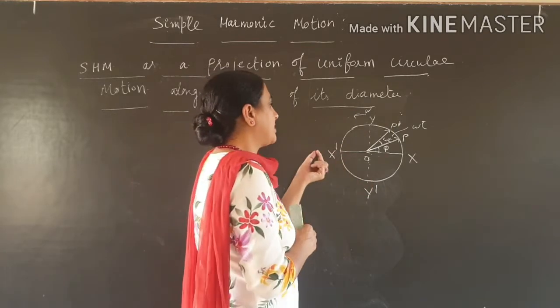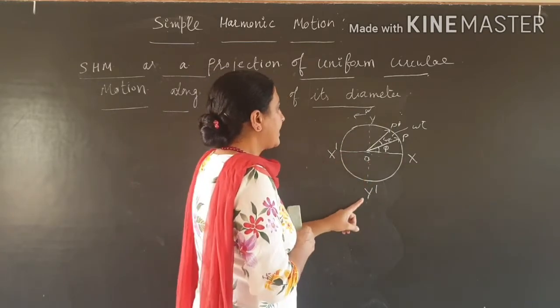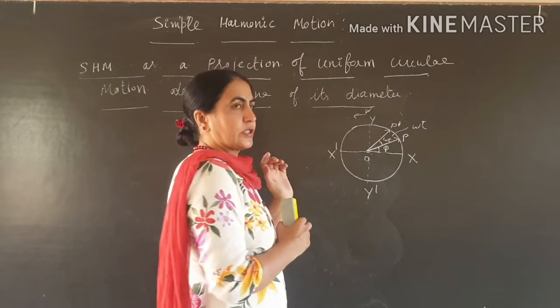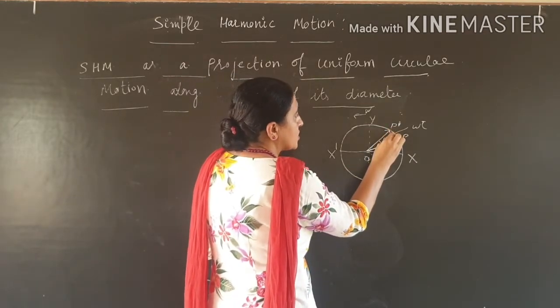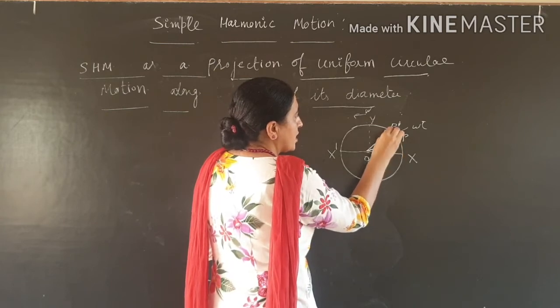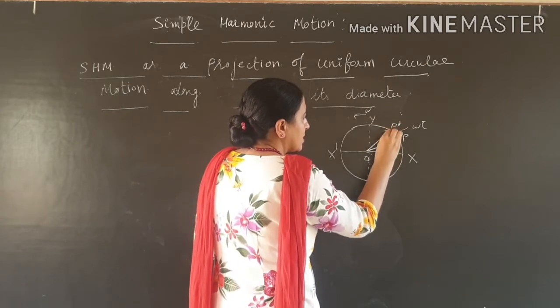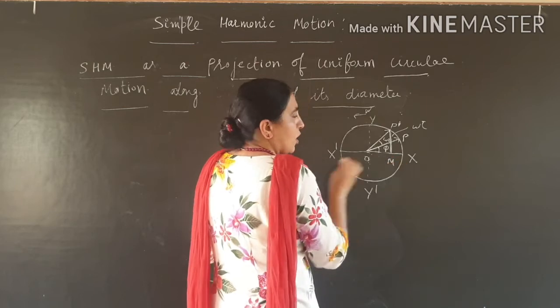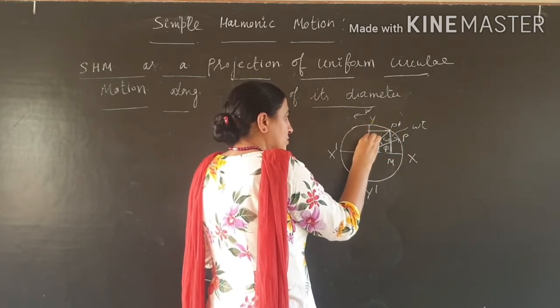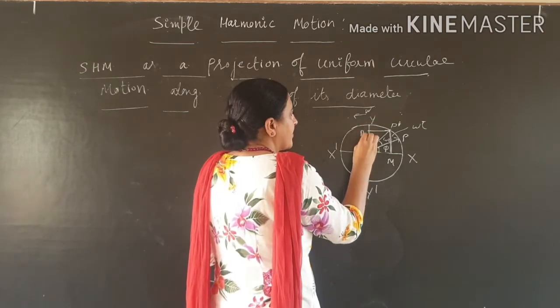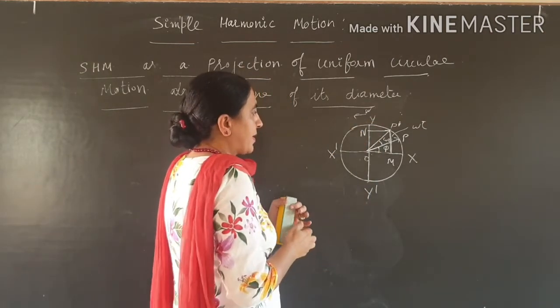Clear? Now draw a perpendicular from P dash to the x axis. Say this is M on the x-axis, and this is a perpendicular on the y-axis, say N. This is the perpendicular and the total angle.